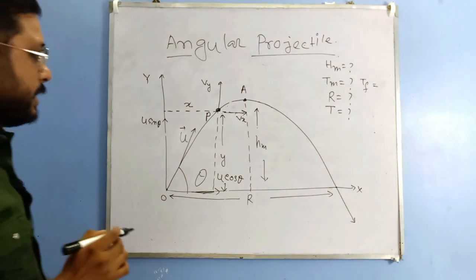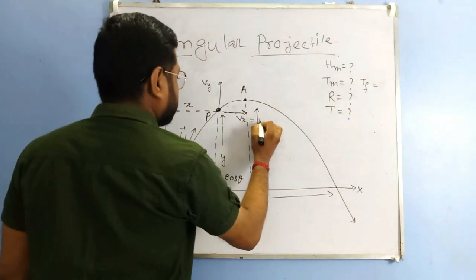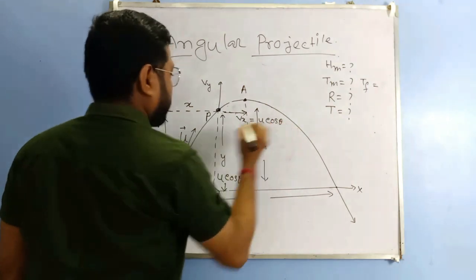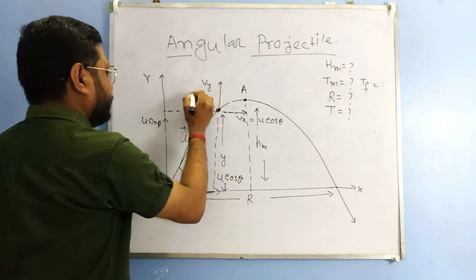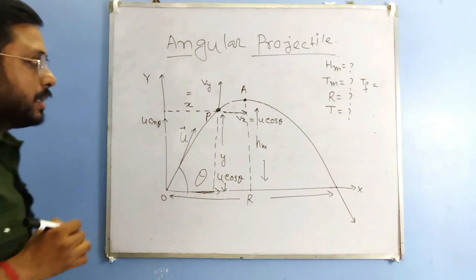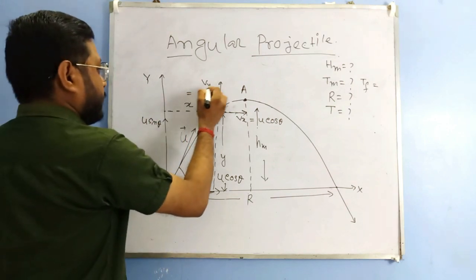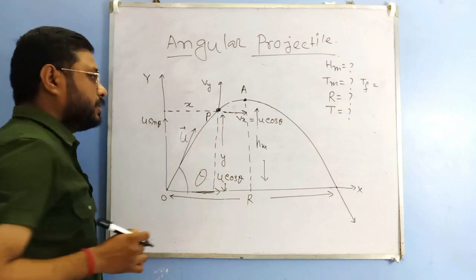Now at point P, the horizontal velocity is always u cos theta as it remains unchanged. Here Vy is not equal to u sin theta.